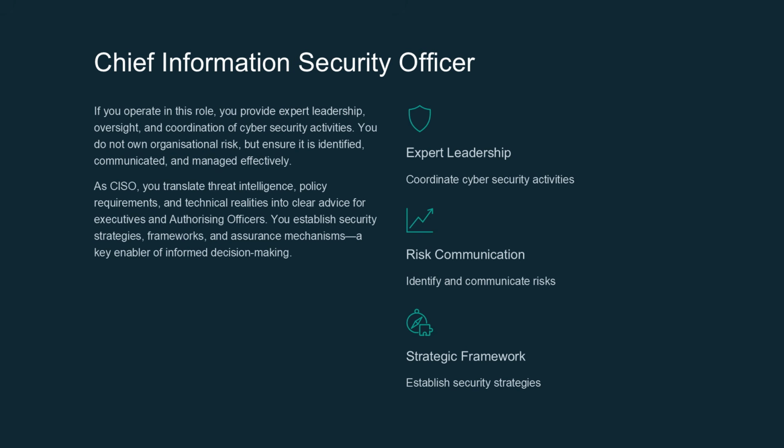As a CISO, your role is to translate threat intelligence, policy requirements, and technical realities into clear advice for executives and authorizing officers. You establish security strategies, frameworks, and assurance mechanisms. Under the ISM, you are a key enabler of informed decision making, not the final decision maker.